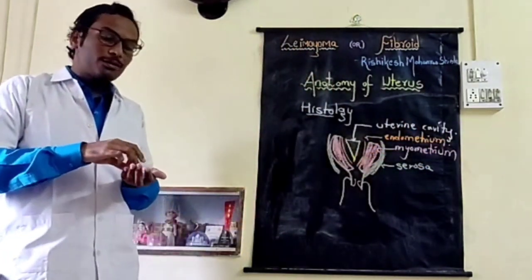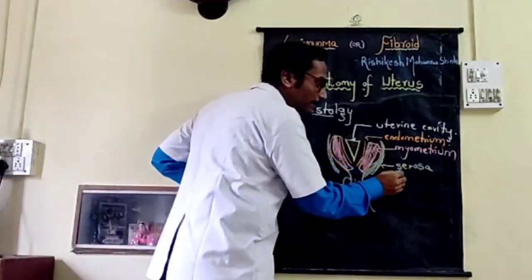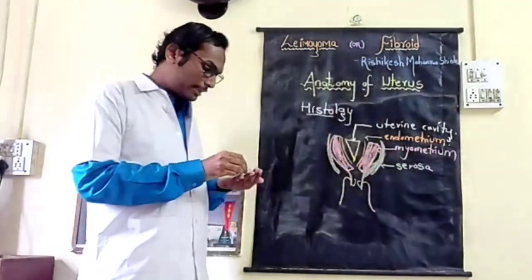So what all do we see in this region? Serosa, as you know, is the outer covering of the uterus.